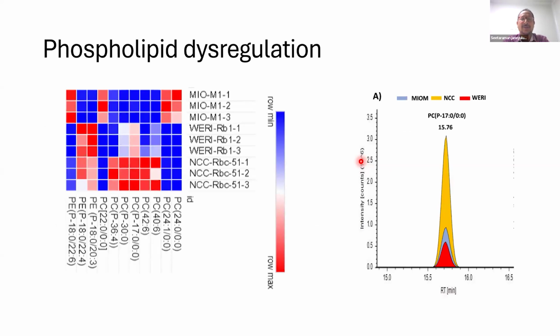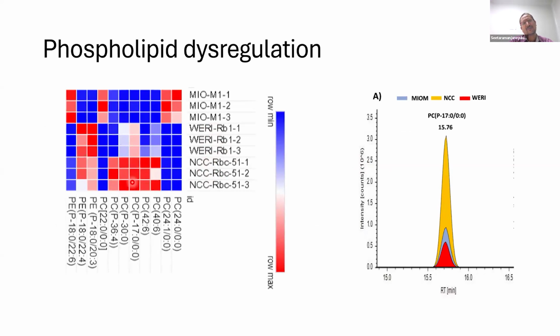This is the phospholipid dysregulation. As you can see, MIO-M has all the phospholipids at normal level, in low abundance, but in both WERI and the NCC cell line, all of these are upregulated. All phospholipids are regulated.